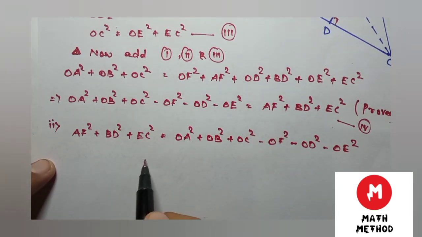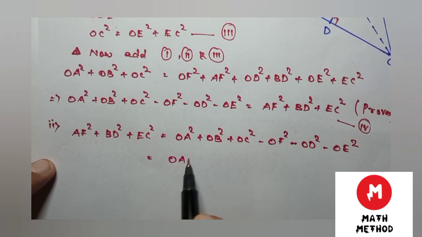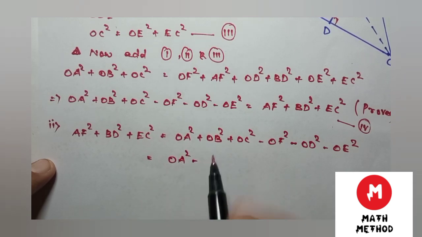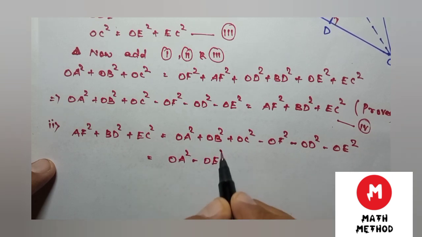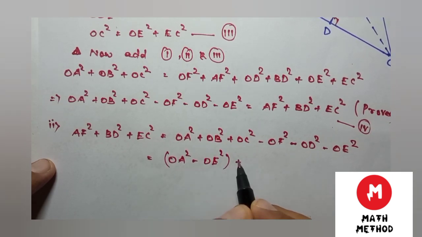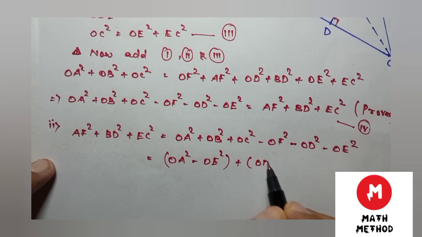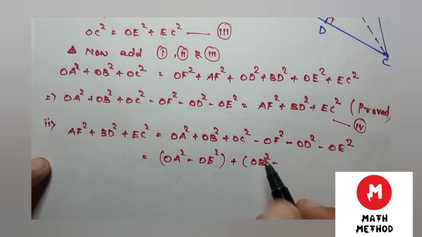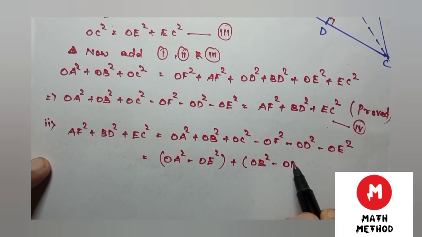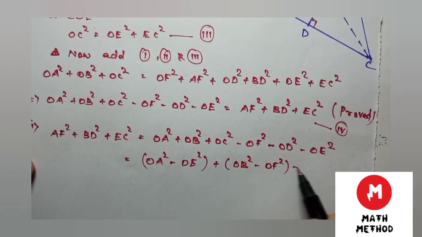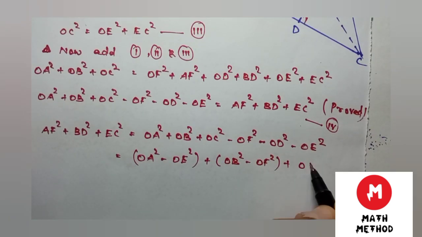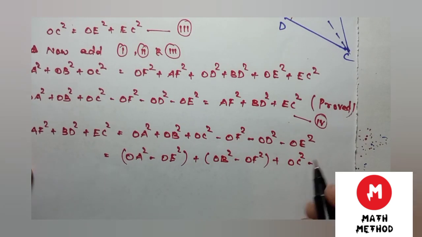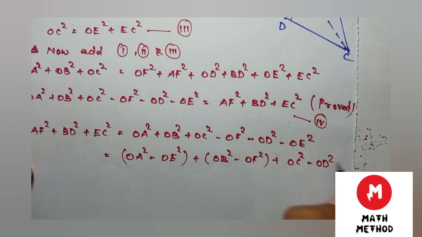Now which is equal to, we can say that OA square minus OE square, this is 1, plus OB square minus OF square, and remaining is OC square minus OD square.